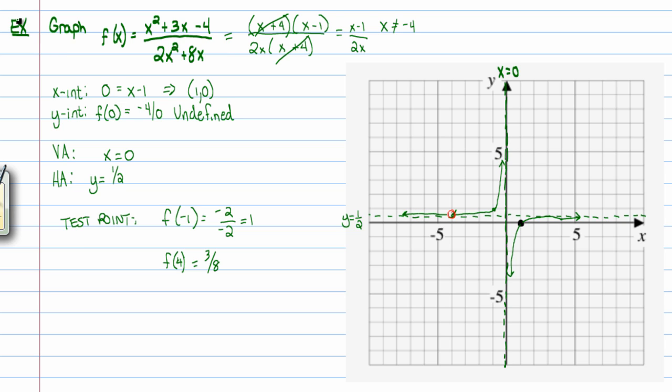You wouldn't even notice it if you didn't zoom in enough. It just puts a skip in your function. So when you're dividing by 0, you have an asymptote. But when you've canceled factors that would have caused you to divide by 0, you have a hole in the graph. And for anybody who knows old sayings, now you know an asymptote from a hole in the graph. And if people don't know old sayings, then, well, that wasn't funny.